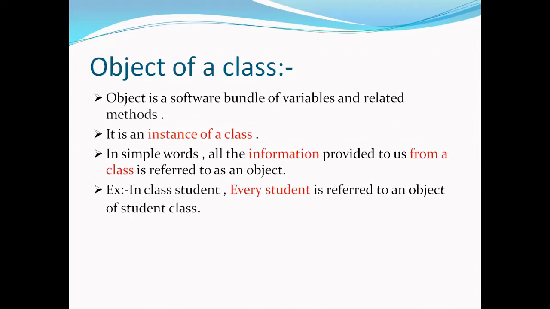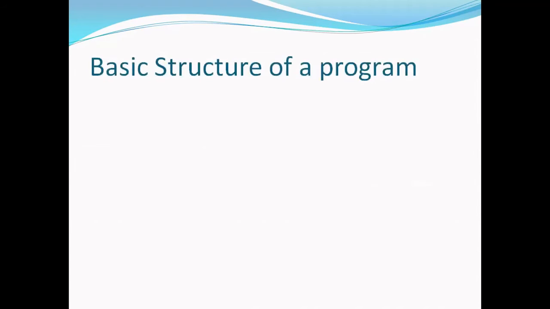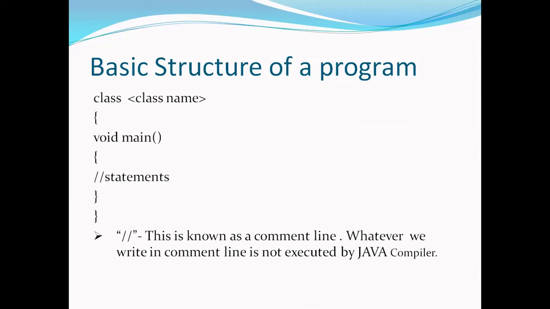Now let's move to our final slide, that is the basic structure of a program. You might think I'm starting so fast about Java programs, but truly, it's so easy if you understand it. In the structure as given, you can see first class, then class name.